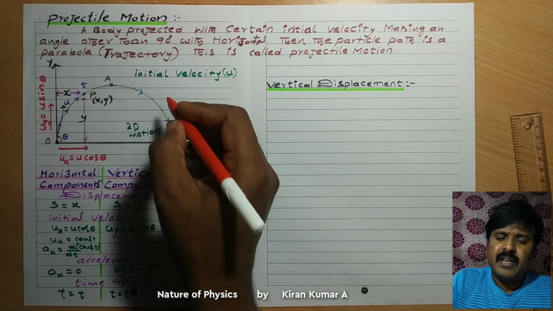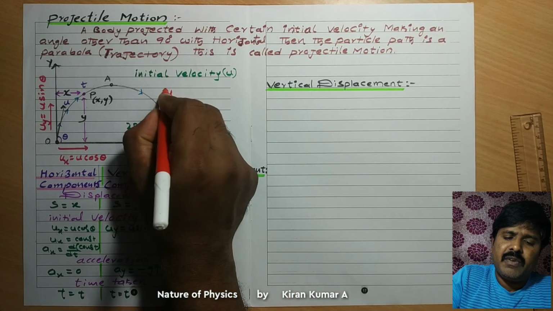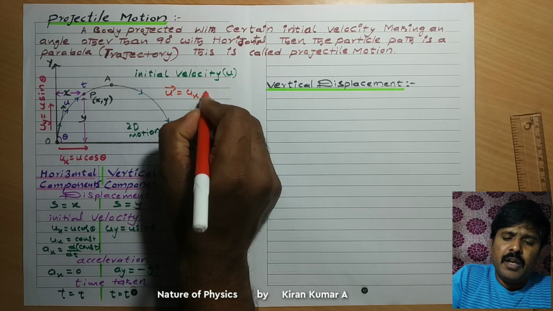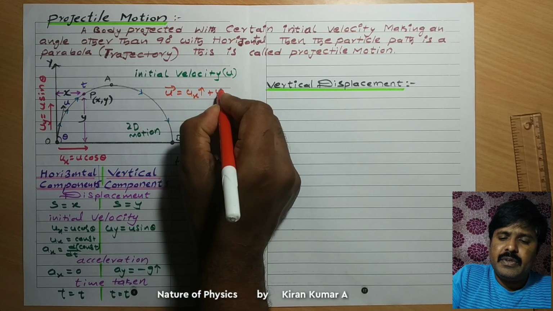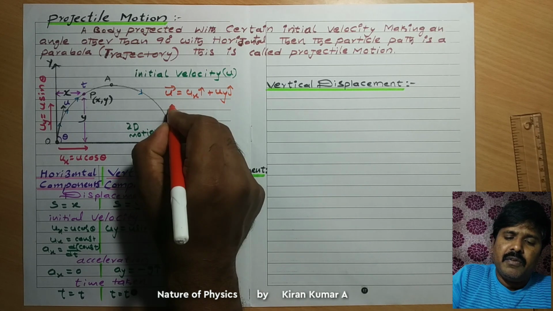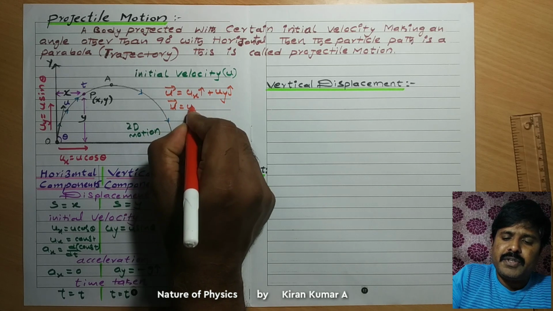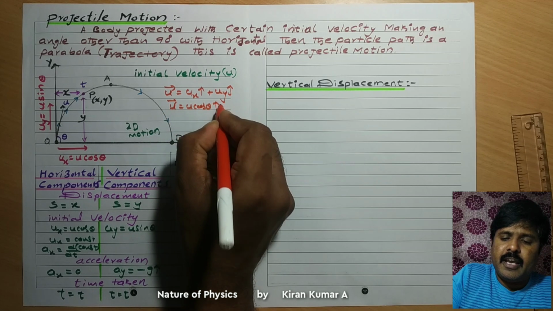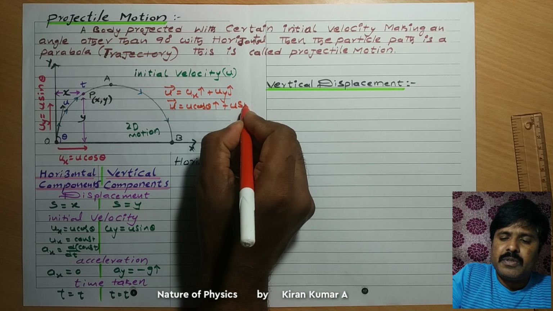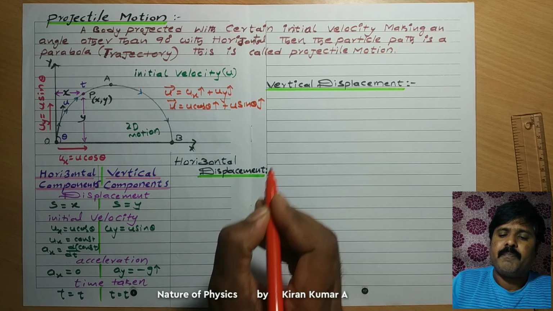Before going to that, there is the initial velocity. The initial velocity u bar is equal to ux i cap plus uy j cap, where u bar is equal to ux, which is u cos theta i cap, and uy is equal to u sin theta j cap.